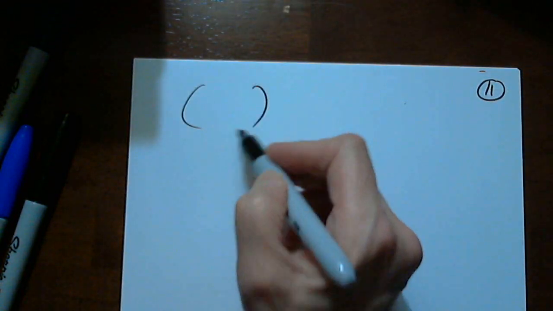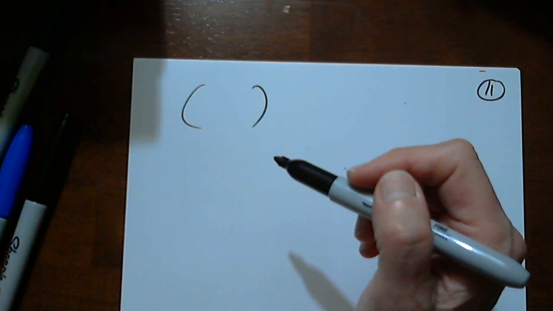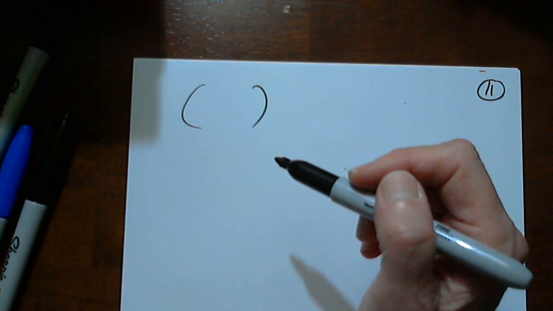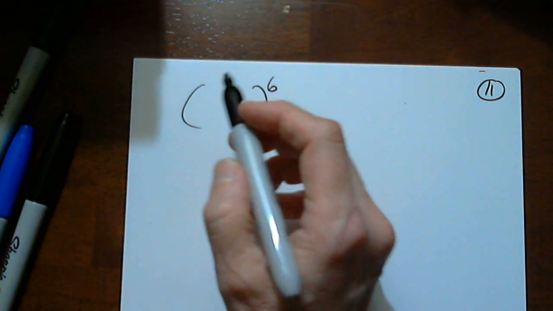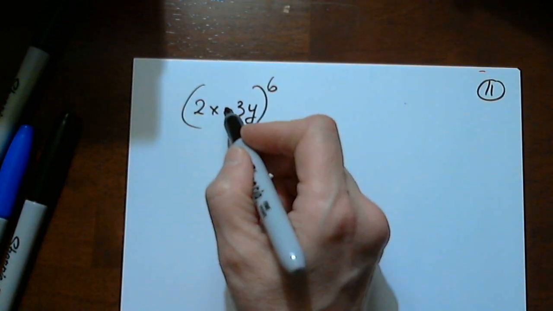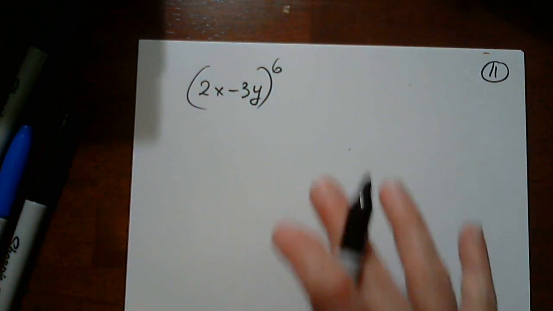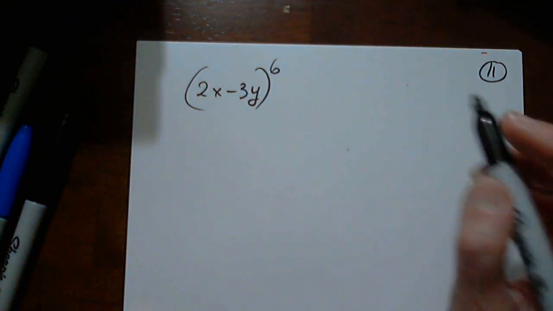But don't choose 15 because it's going to take us more than 5 minutes. Okay, I'm going to choose power 6 and a simple one, 2x minus 3y. Coefficients for power 6. The initial coefficients, not the ending coefficients.